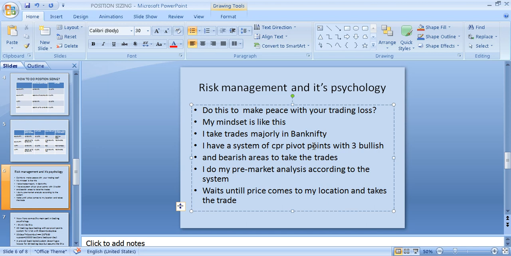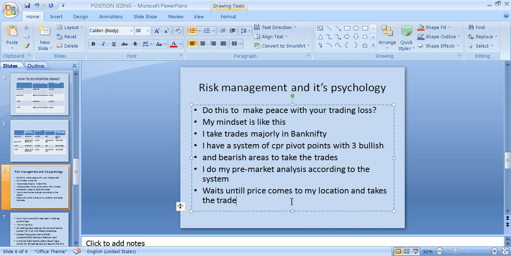I do my pre-market analysis according to the system, wait until price comes to my location, and take the trade. I don't feel all the price changes in the chart, and I don't feel like I am moving the markets, because if you feel like every price movement is affecting you, you are on the wrong track.